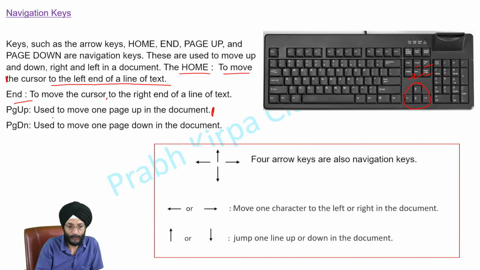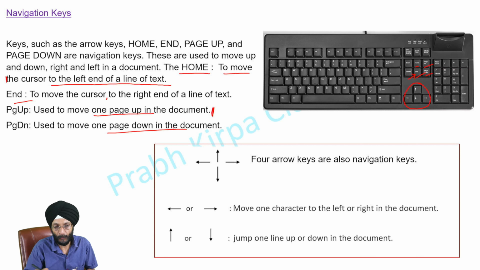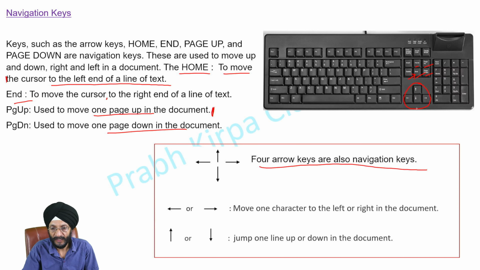Page up and page down are another two keys. This is page up and this is page down. When they are pressed, you will move one page up or one page down in the document depending upon the key you have pressed. Then there are four arrow keys.